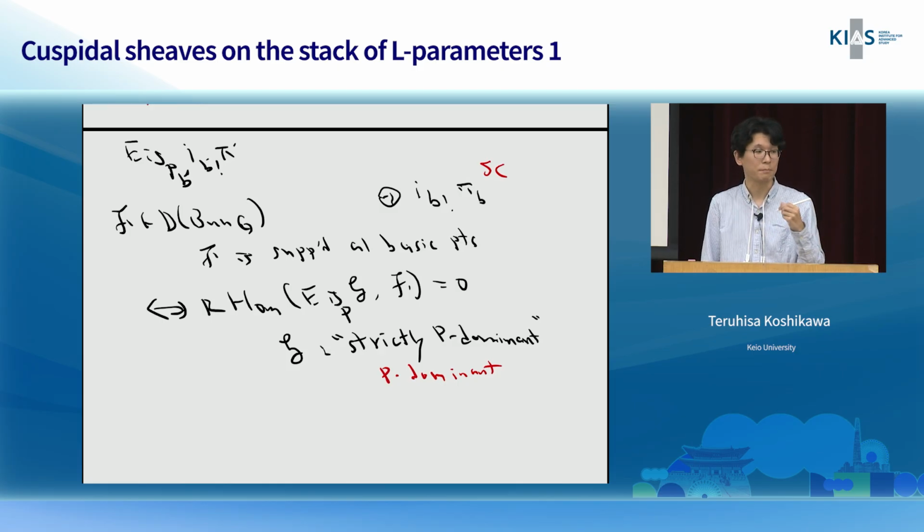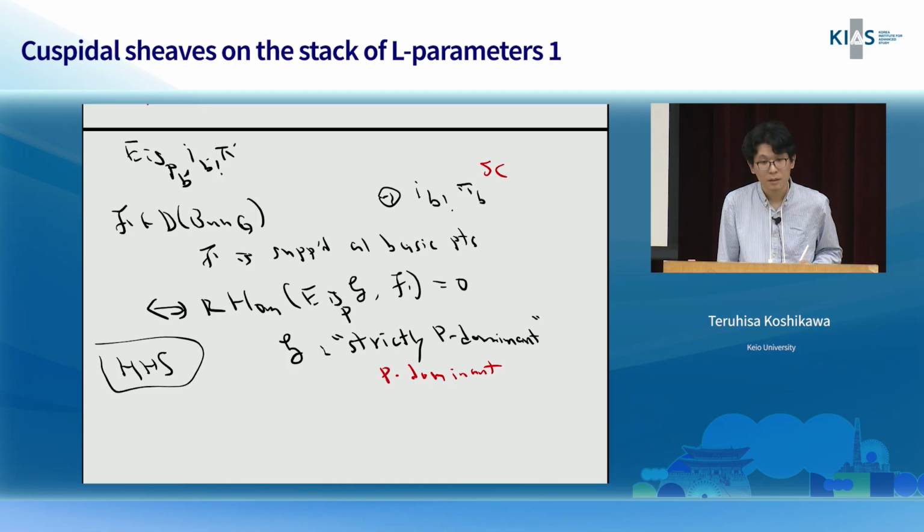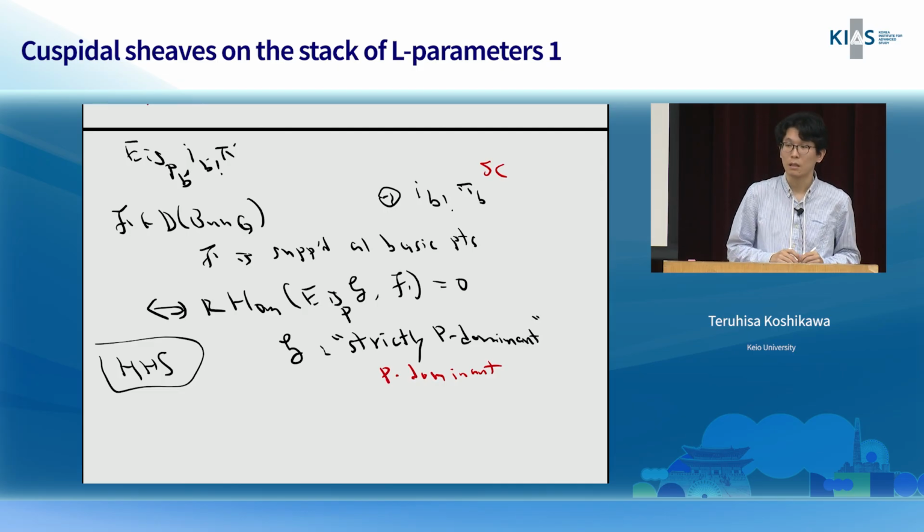So this is something you can prove on the geometric side, and maybe a reference for this is Hamann-Hansen-Scholze. It's actually in the paper with Lucas, in some sections. Anyway, this basically suggests a corresponding notion on the spectral side. Any questions?